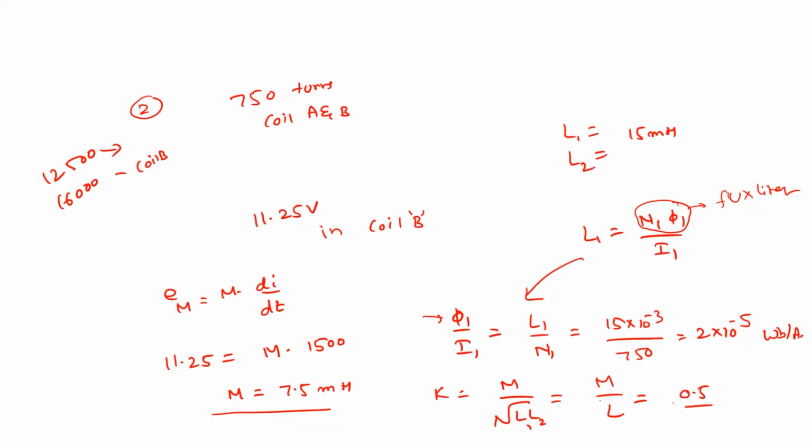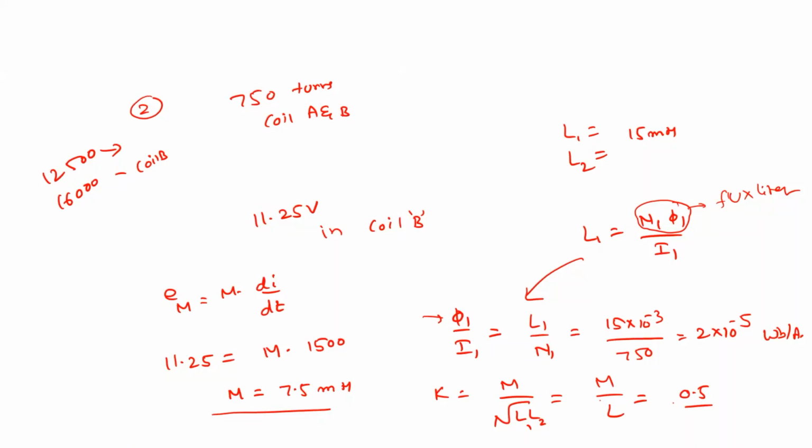While the same 5 ampere current in coil B produces 0.8 Weber. I will change it: the earlier one is 0.6 milliweber. So the same current in coil B produces 0.8 milliweber.